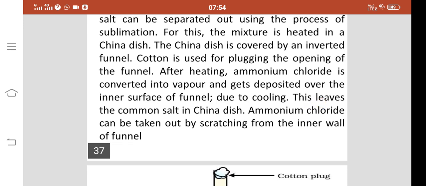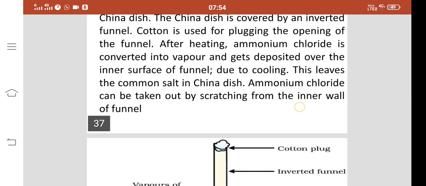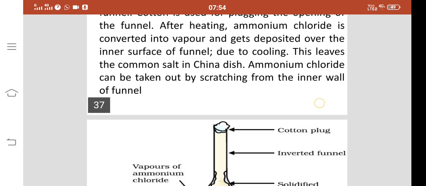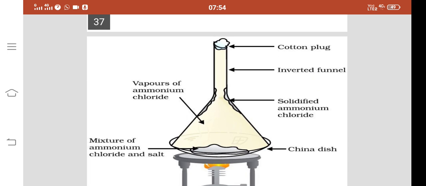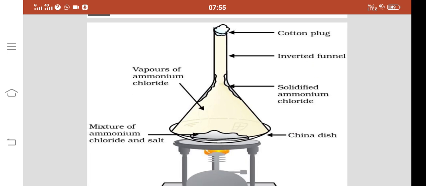After heating, ammonium chloride is converted into vapor and gets deposited over the inner surface of the funnel. Due to cooling, this leaves the common salt in the china dish. Ammonium chloride can be taken out by scratching it from the inner wall of the funnel. So you can see in this particular picture how the sublimation process works.